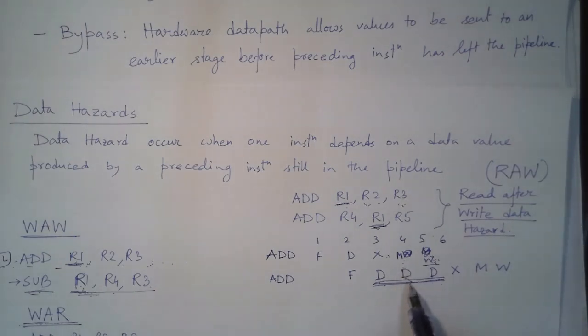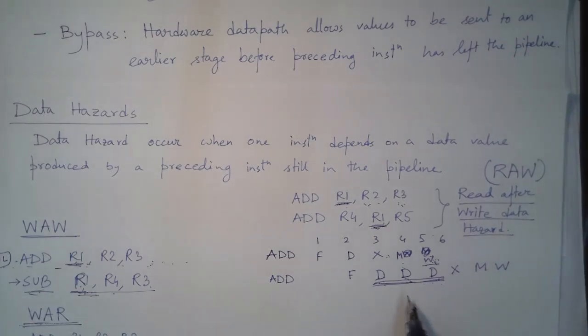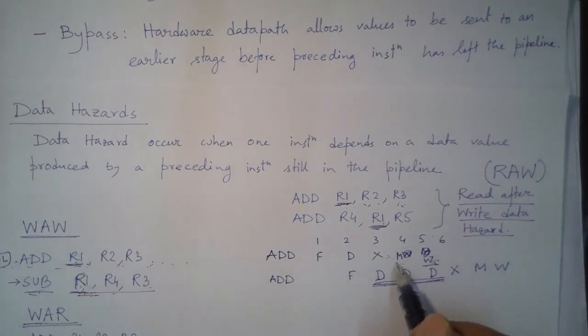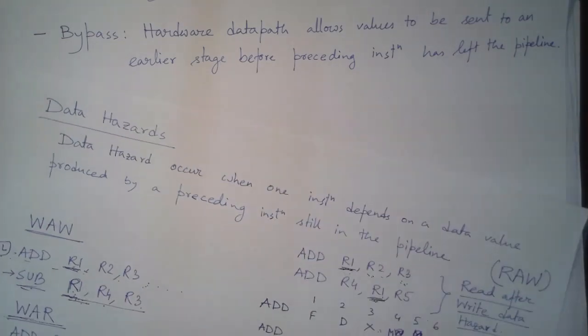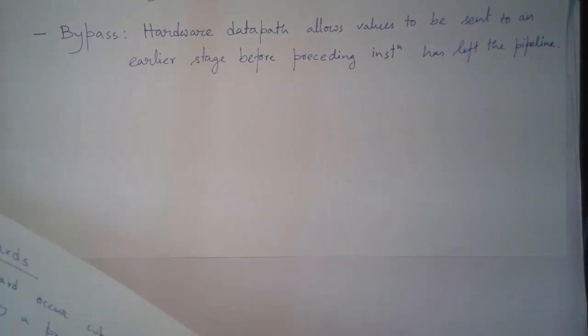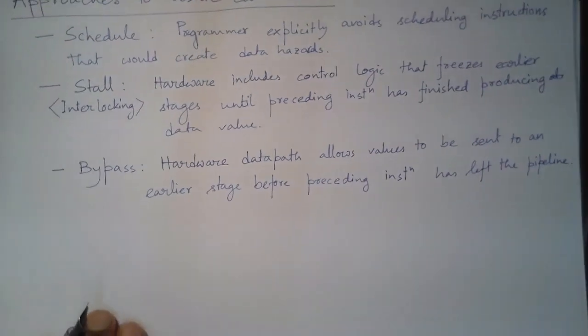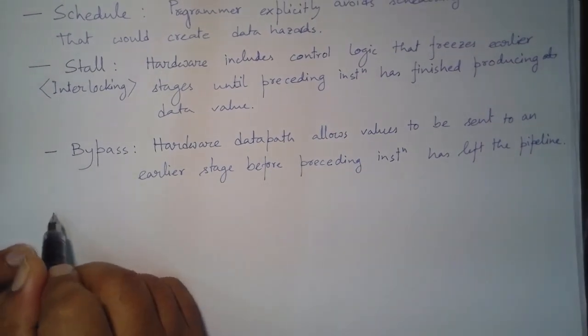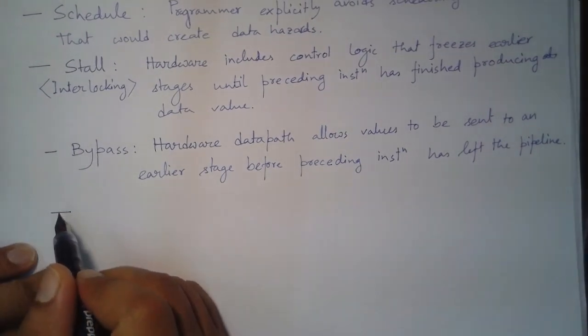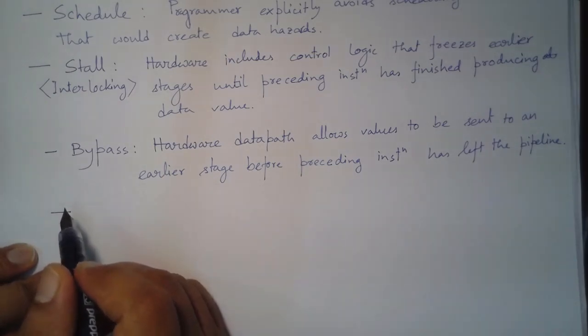So, from the memory stage, if we can send back the data or bypass the data to the execute stage, then we can start executing this instruction, and we are doing this before the preceding instruction has left the pipeline. Okay. So, this is what bypass is. We will talk about each of these things in more detail in our subsequent discussions. And finally, there is another approach to handle the data hazard, which is called speculate. So, basically it's not a very foolproof method.